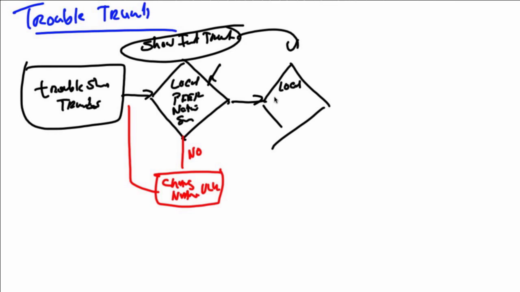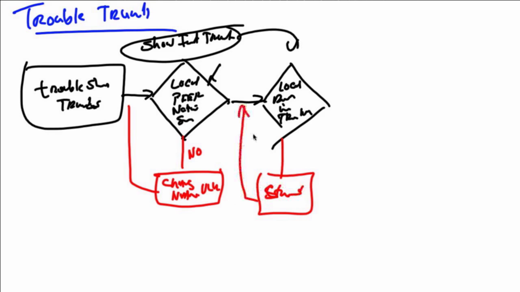Are the local and the remote switch in the correct trunk mode? Obviously, if they're not, we're going to have to configure it, typically statically, to fix this issue. Once that's done, we retest. If they are in the same operational mode, then this tells us that we have an operational trunk.